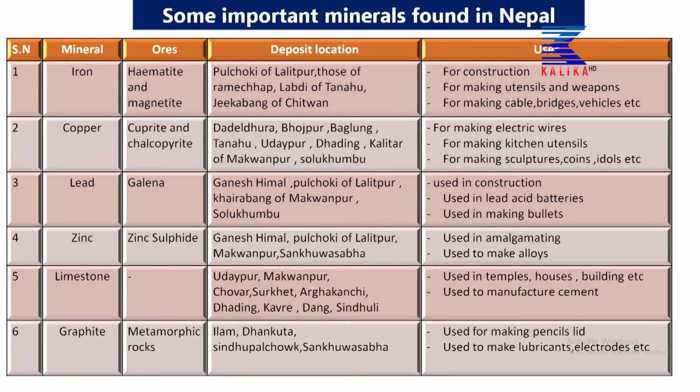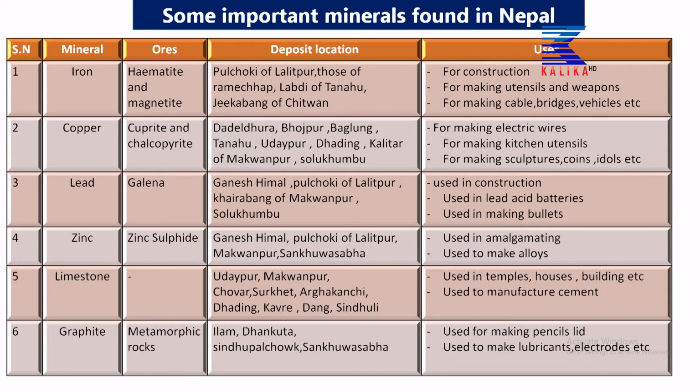The locations are Dadeldhura, Bhojpur, Baglung, Tanahu, Udaipur, Dhading, Kalitar of Makwanpur, and of course Solukhumbu. These are the places where copper deposits are found, and copper has been extracted from these deposits all the time.